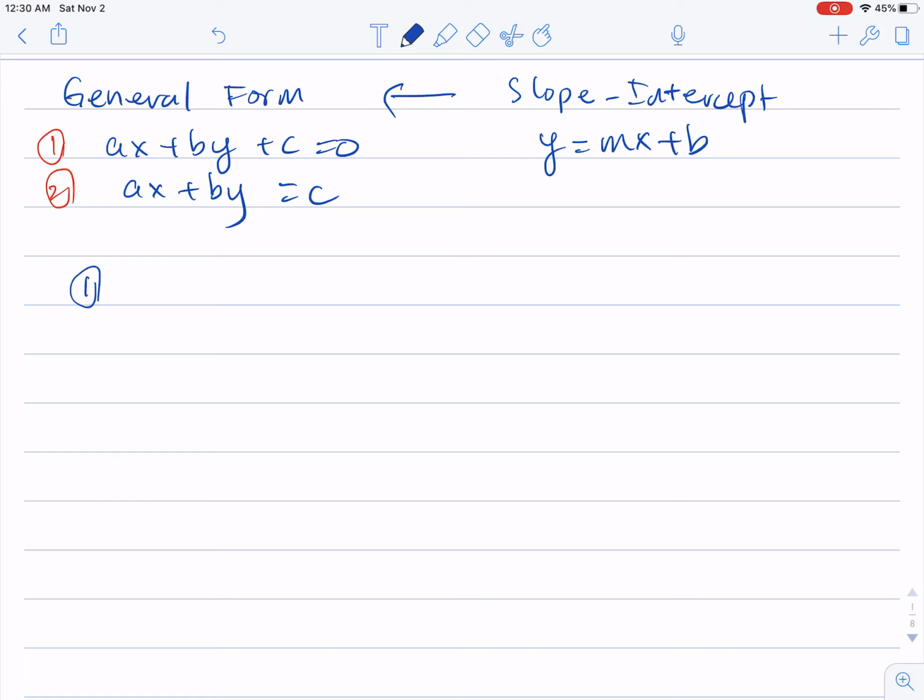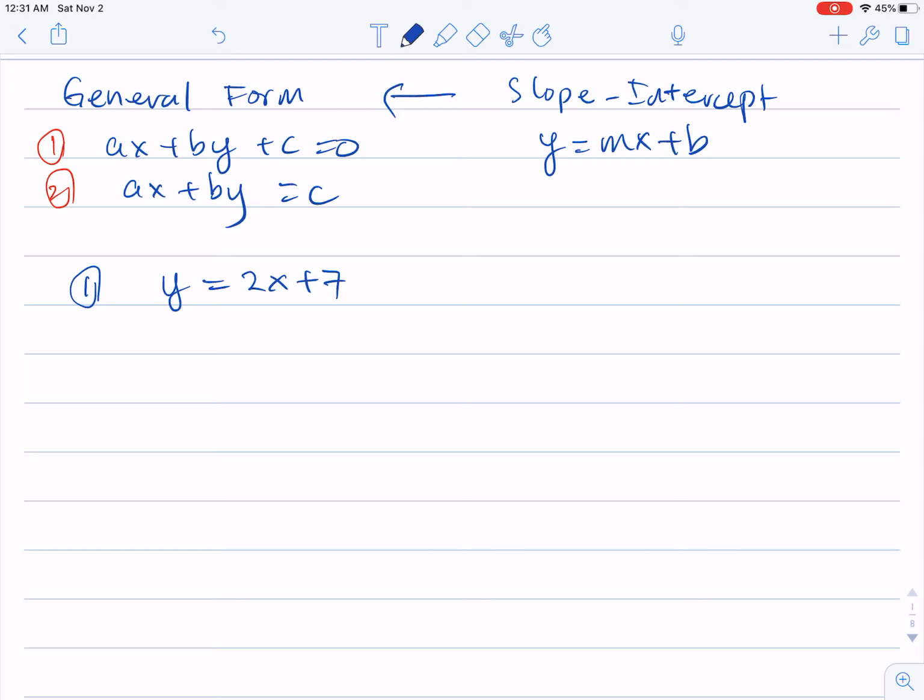Okay, let's have our first example. We have y equals 2x plus 7. No? So this is in slope-intercept form. Yung m natin ay 2 at yung b natin ay 7. No? So gagawin natin, para siya maging form 1, pagsasamahin natin sila sa isang side lang, tapos 0 yung isang side.